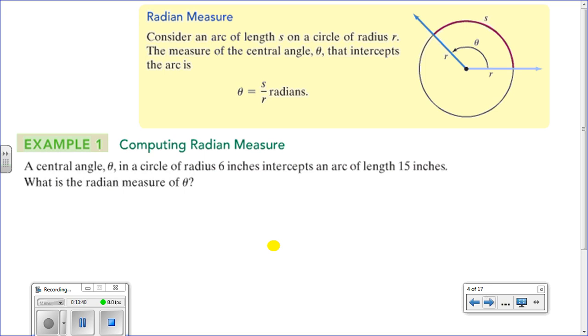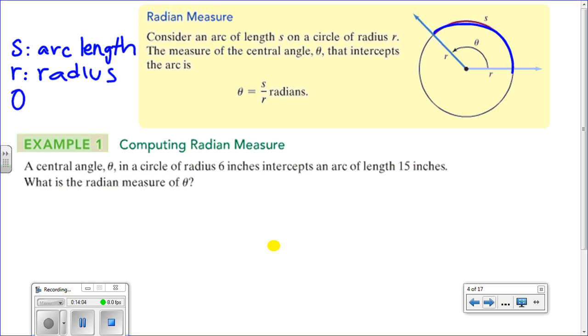So that will be how to find the radian measure when you are given the arc length. So S, we're going to use S for arc length. And we're going to use R for radius, of course.